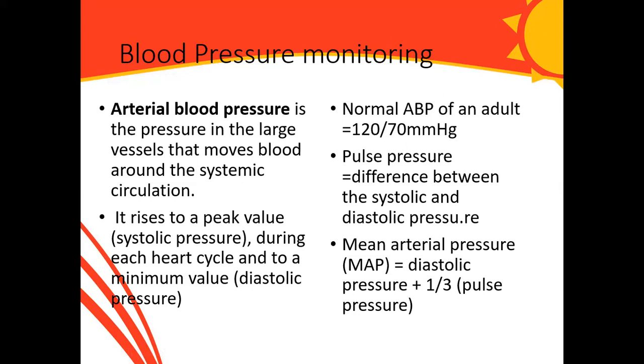It's given as diastolic pressure plus 1/3 pulse pressure, which is systolic minus diastolic pressure. So it's easier to write MAP as diastolic blood pressure plus 1/3 pulse pressure, and pulse pressure is what I have just defined above as the difference between systolic and diastolic pressure.